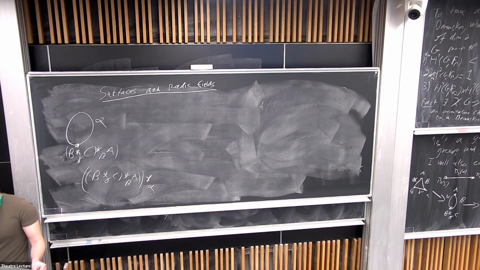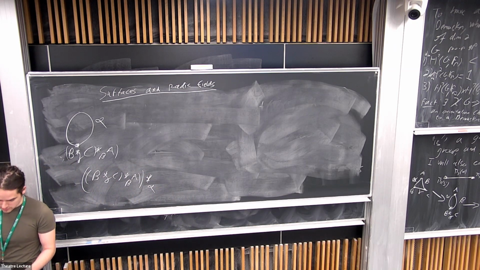I'll quickly explain then what a Dehn twist is. So given any kind of a graph of groups, I can define a Dehn twist associated to this graph of groups.